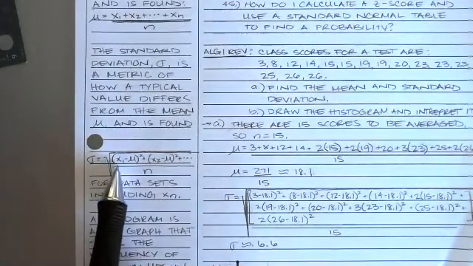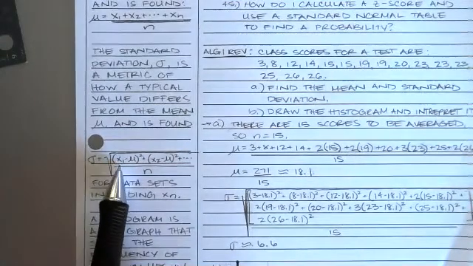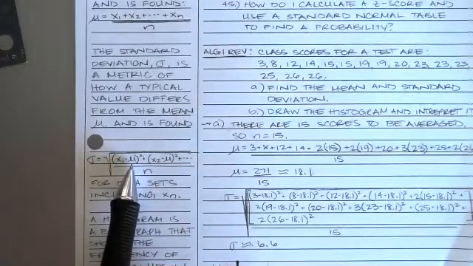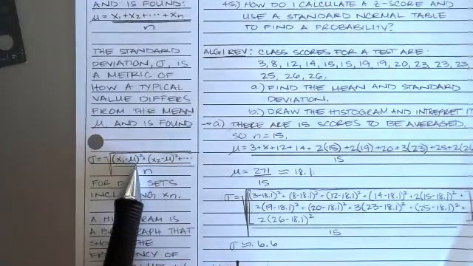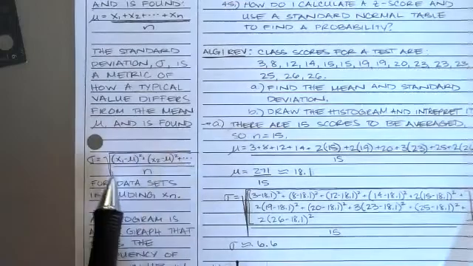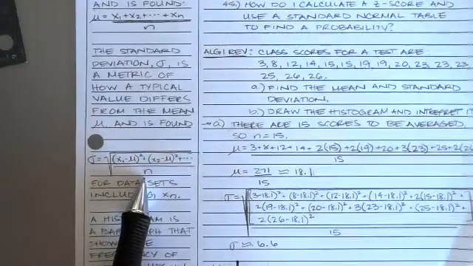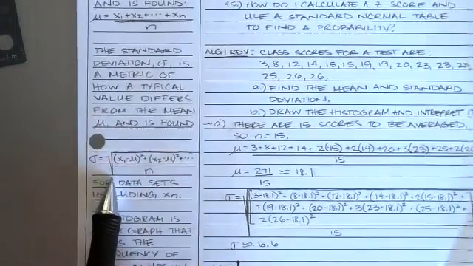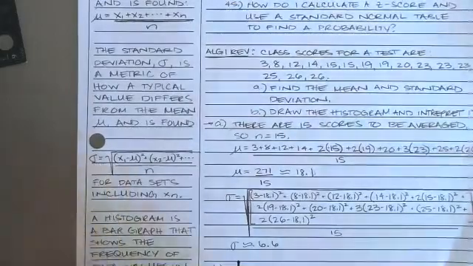We take each data value and subtract the mean from it, square that, add all of those values together, divide by the number of values in the data set, and then take the square root of that.